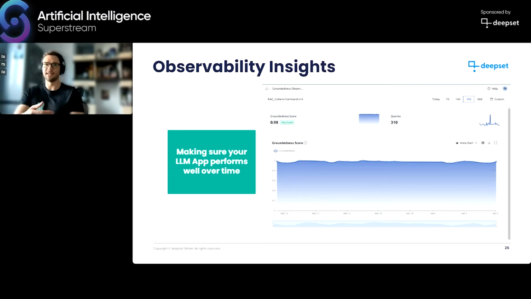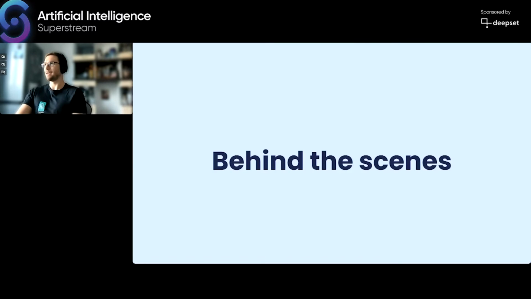And especially in the case of this LLM app, it was super crucial that it doesn't hallucinate. So you can build something that calculates your groundedness score just live on top of all the queries, and you can monitor that.